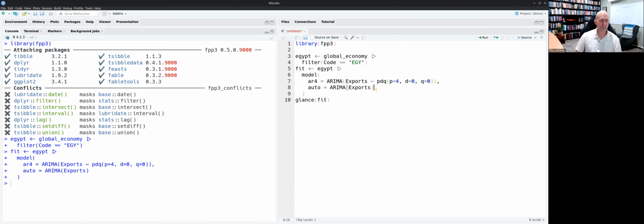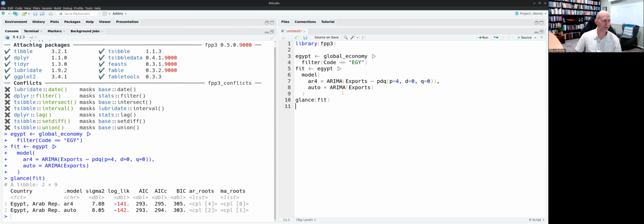In this line I'm not specifying anything, so it's going to automatically pick a model. Then if I use the glance function, I can have a look to see what the fit looks like in terms of AIC, and you can see that the automatic model is slightly smaller than my chosen model. Just 1 to the third, ignoring the decimal places that are not shown here. So my guessed model is actually pretty close to the best available model that's chosen automatically.